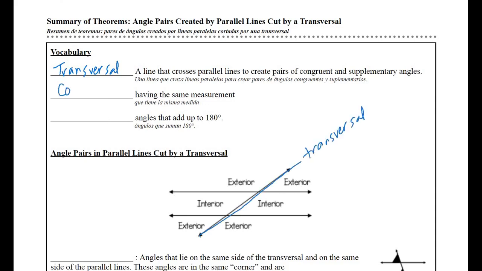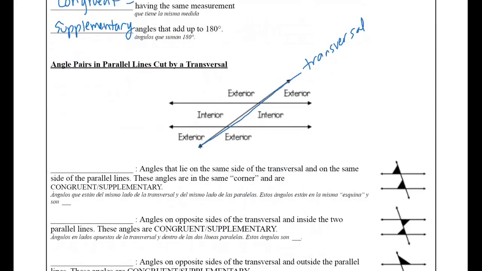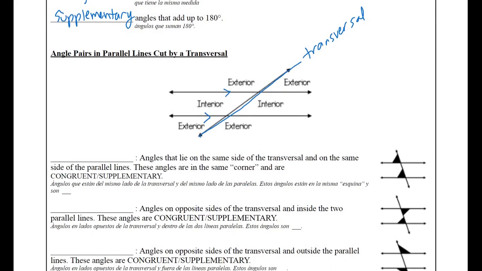Congruent, having the same measurement. Supplementary, angles adding up to 180 degrees. Now we're going to go over angle pairs and parallel lines cut by a transversal. I added arrows because this diagram should have shown that we have parallel lines.